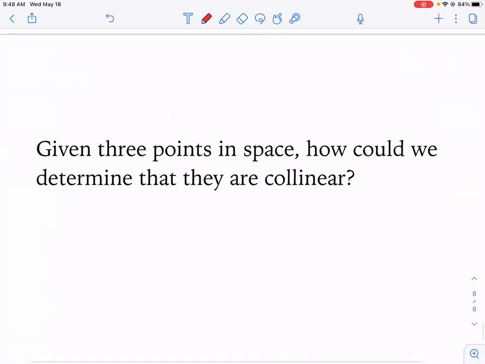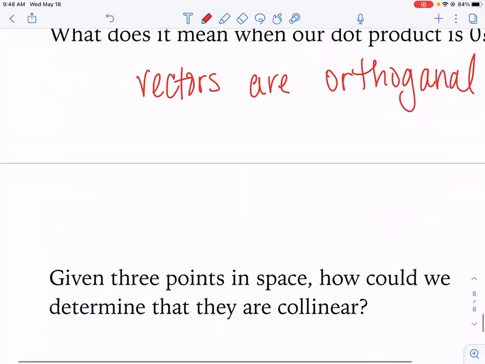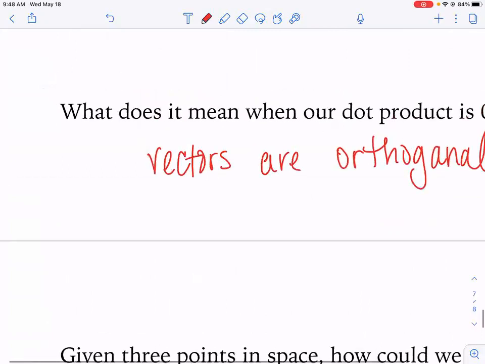Okay, so let me ask you this. If we had 3 coordinates in the XY plane and I asked you if they were collinear, how would you make that decision?